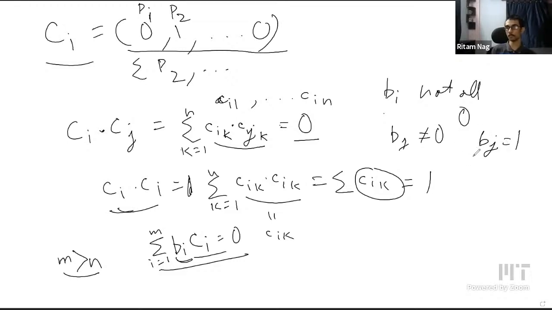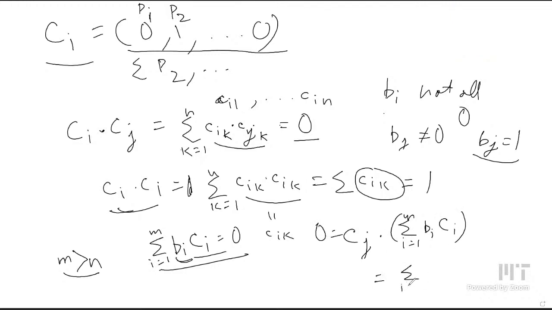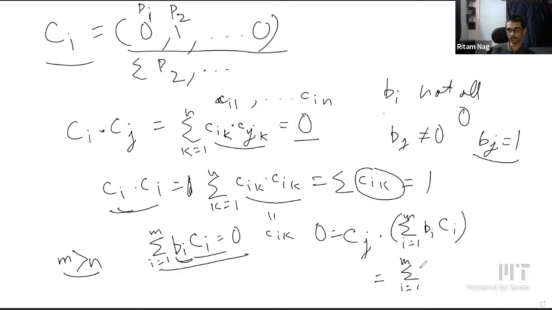But in that case, you have that 0 equals cj dot the sum over i equals 1 to m of bi ci, which equals, because the dot product is distributive, the sum of bi times ci dot cj, which is just bj, which is 1, which is a contradiction.